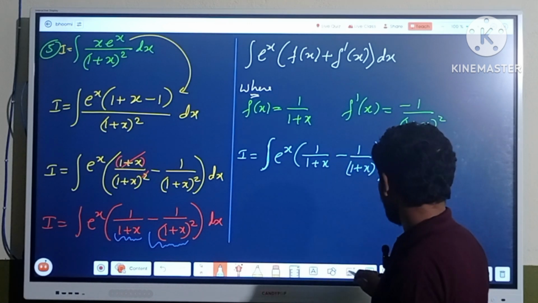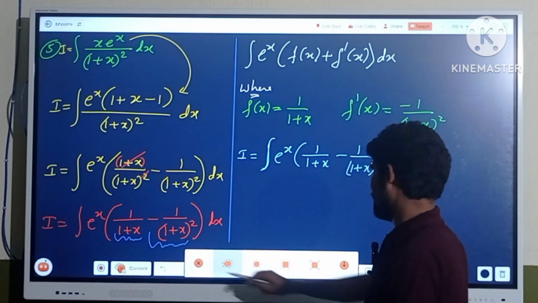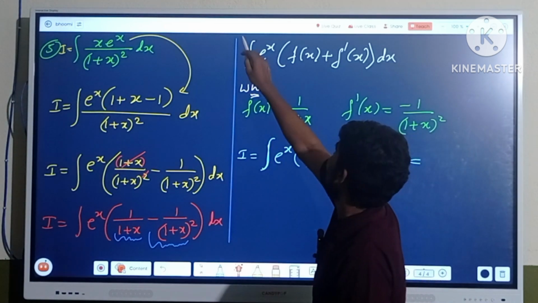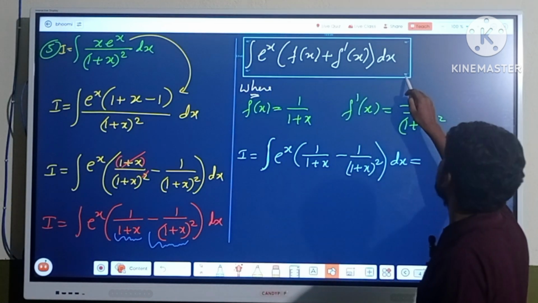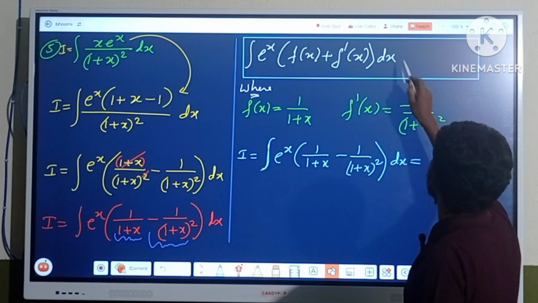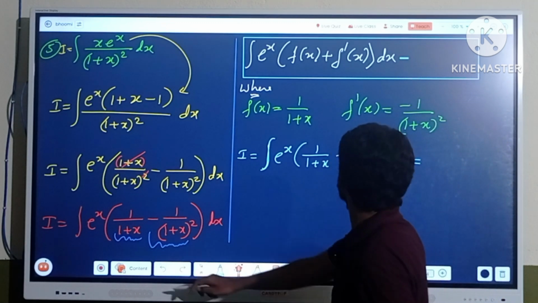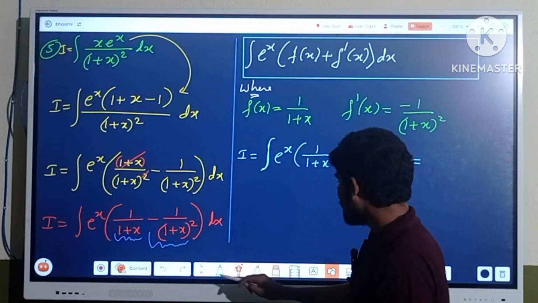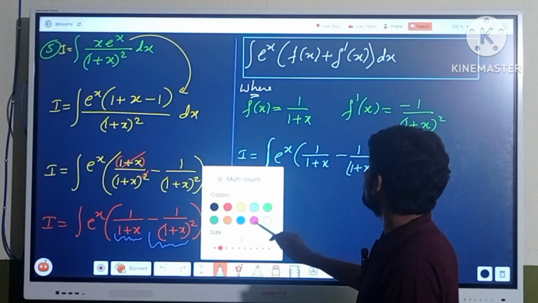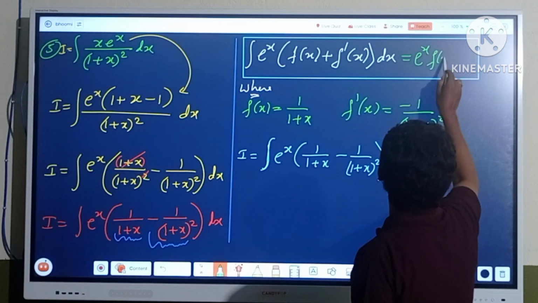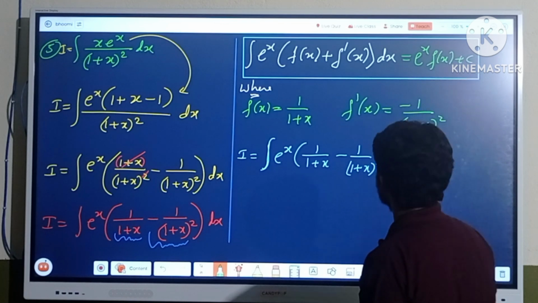We know that the formula for the integration of e power x into [f(x) plus f dash x] dx is equal to e power x into f(x) plus integral constant c.